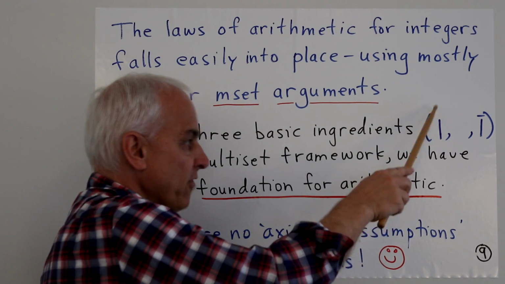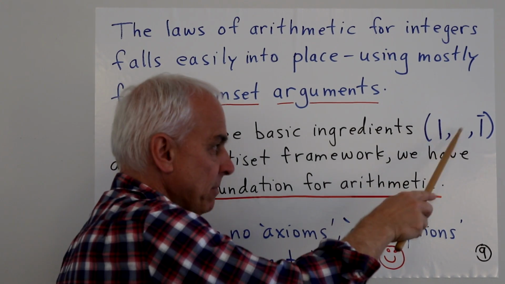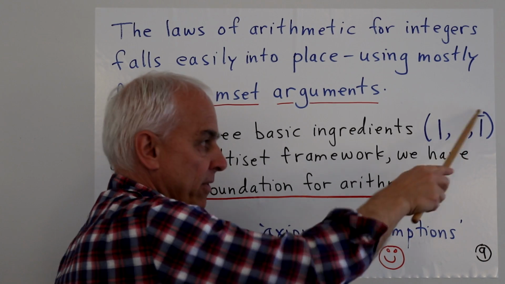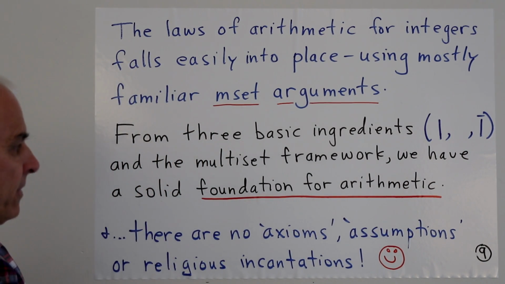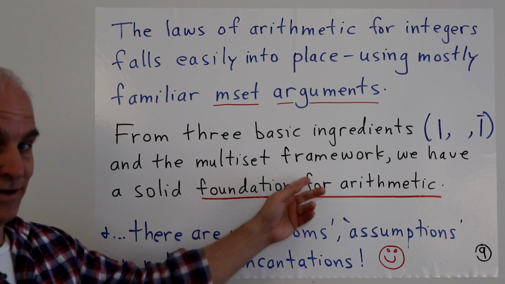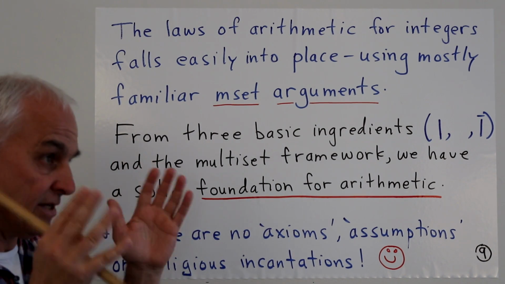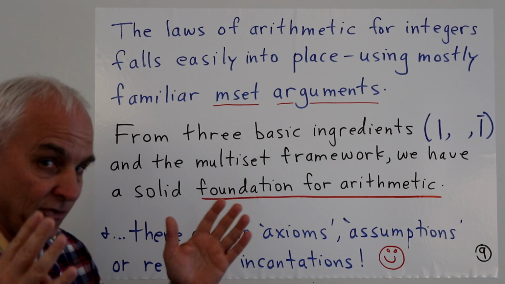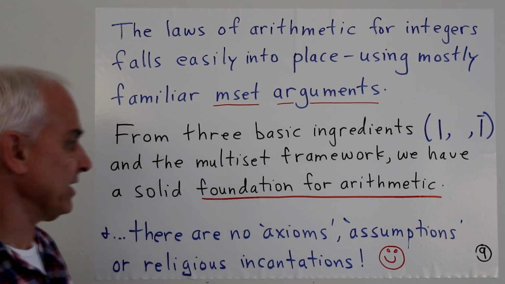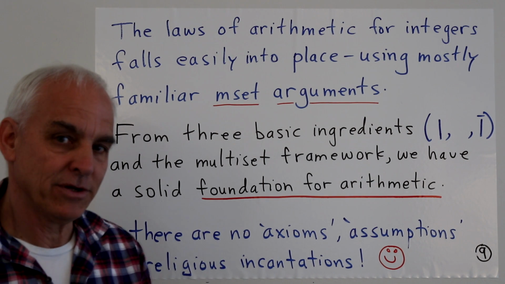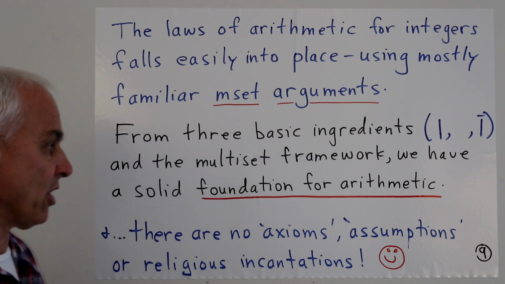The ingredients of the mark on the page, the empty page, and the mark with a little bar over it, the anti-mark. And of course the multiset framework. That's another key ingredient, this idea that we're able to organize our data by using the idea of a multiset, something which is unordered and in which repetitions are allowed.